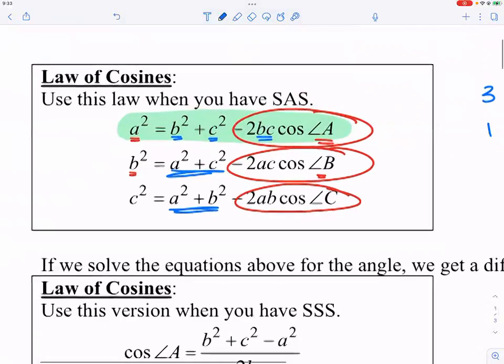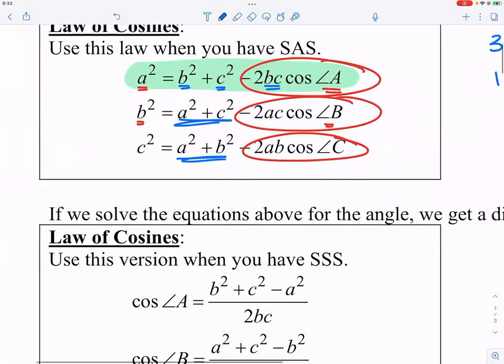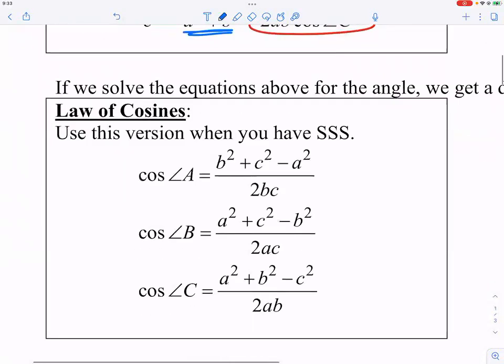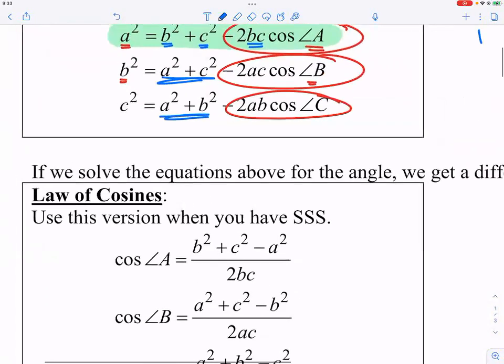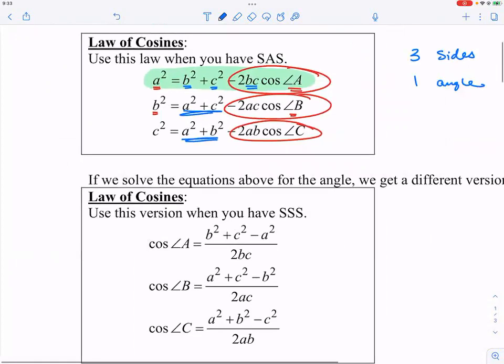And if you would like to solve for cosine A, then you just move the b squared and c squared to the other side and divide by negative 2bc. So you have these versions. For me, if I were you, I'm not a big fan of memorizing useless stuff.